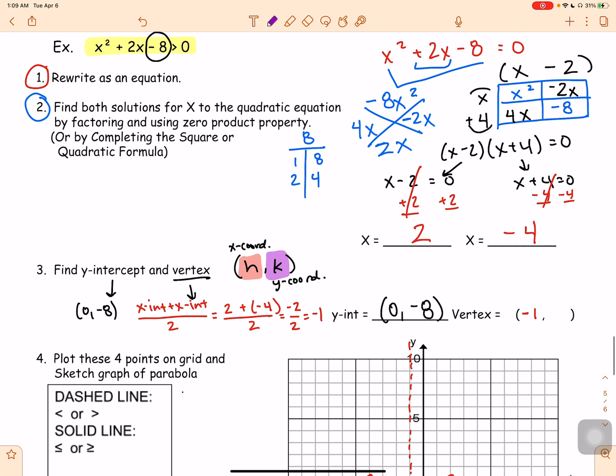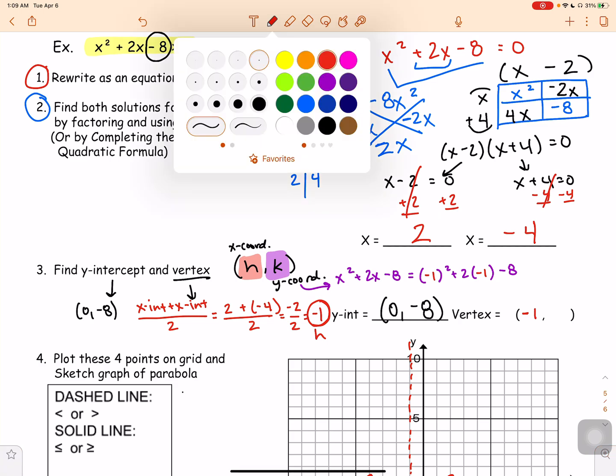So our equation here was x squared plus 2x minus 8 equals 0, okay? We don't need the equal part. We just need to plug it in for the x's. So I'm going to put parentheses where they are, and then I'm plugging in the x-coordinate -1. That is my h.